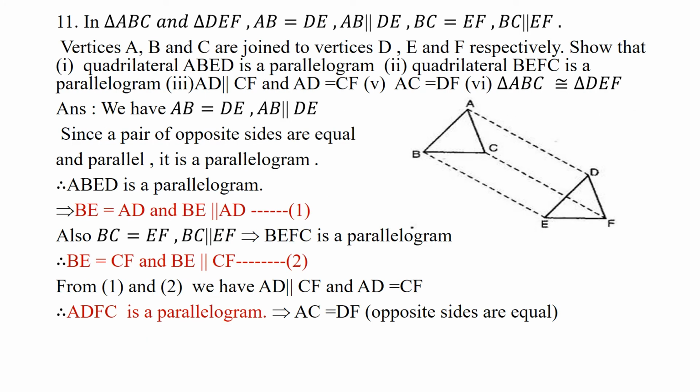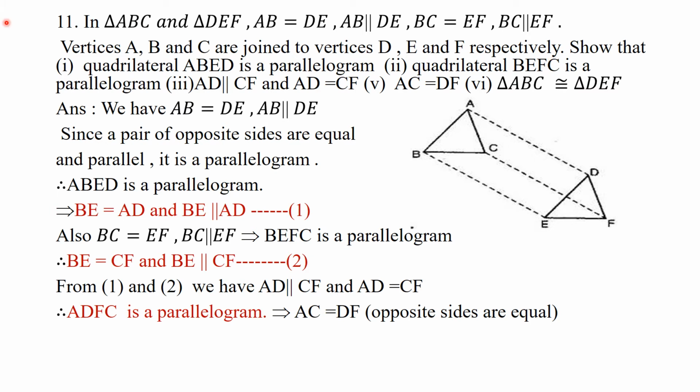Question number 11. In triangle ABC and triangle DEF, AB is equal to DE, AB is parallel to DE, BC is equal to EF and BC parallel to EF. Vertices A, B and C are joined to vertices D, E and F respectively.